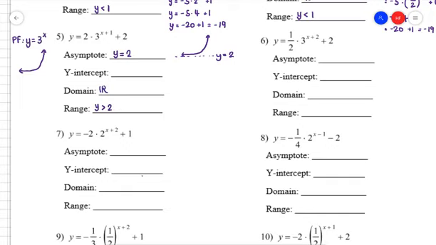Domain is all real numbers, and that y-intercept we'll find by plugging in a 0 where we see x. And we get 8, so 0, 8 is our y-intercept.